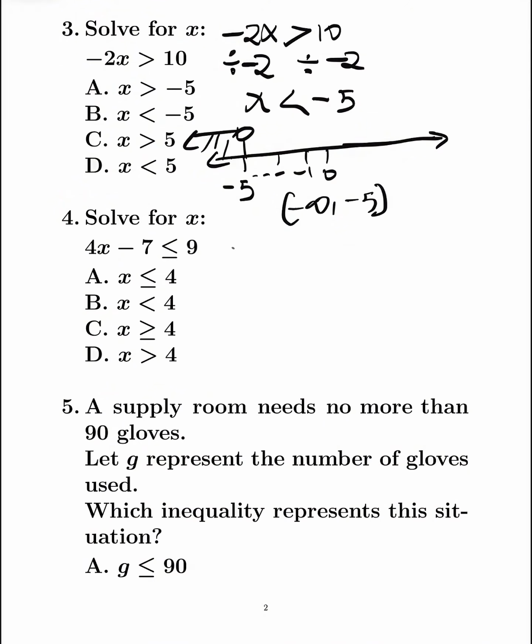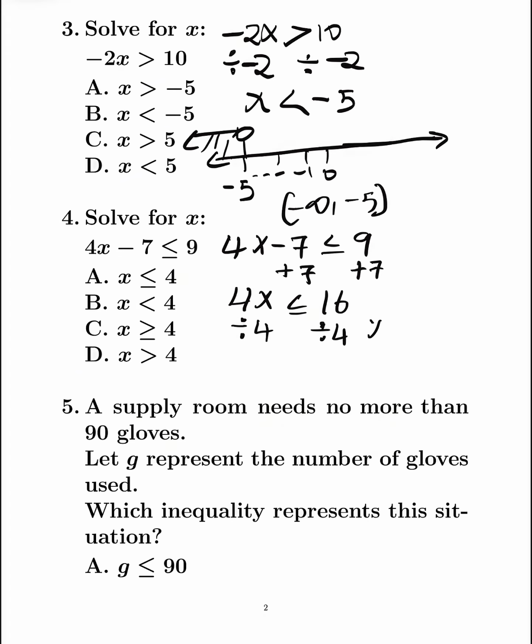Question 4. We have 4x minus 7 is less than or equal to 9. In this case, we add 7 to both sides, and we are left with 4x is less than or equal to 16. Then we divide both sides by 4. x will be less than or equal to 4.